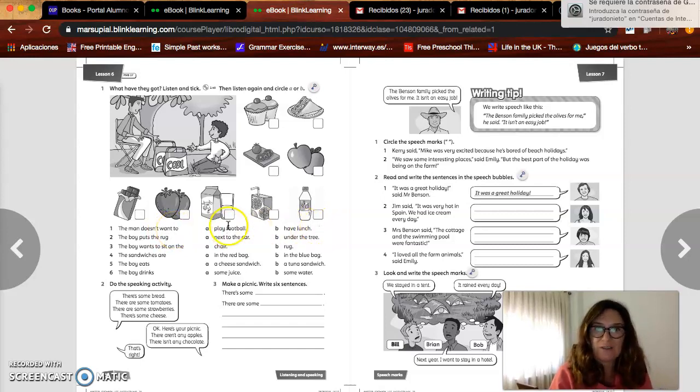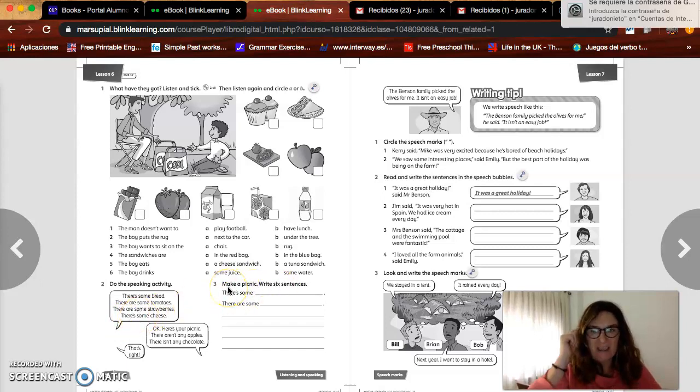You can listen to it again, and you have to circle A or B, the correct one. Perfect. We are not going to do activity 2 because this is a speaking activity, and we may do it in class when we go back. Esta ya la haremos en clase cuando volvamos, porque es una actividad de speaking.